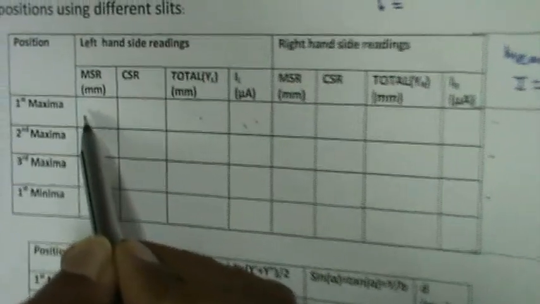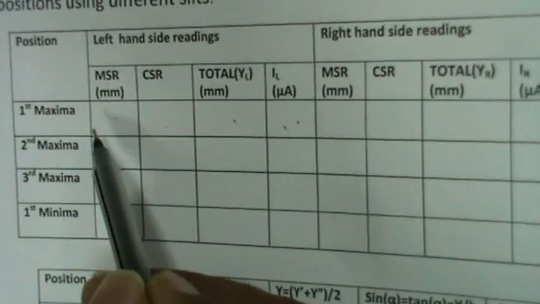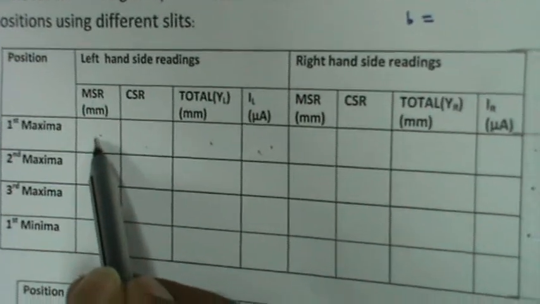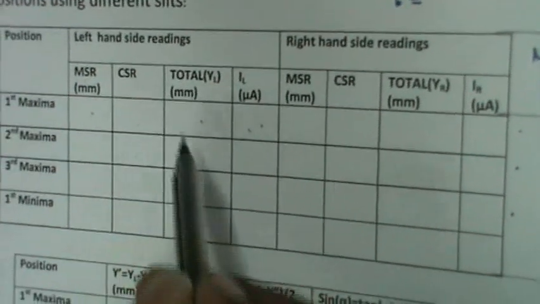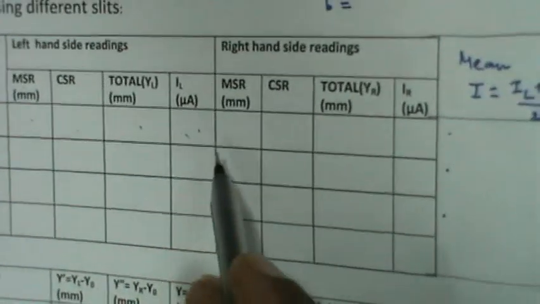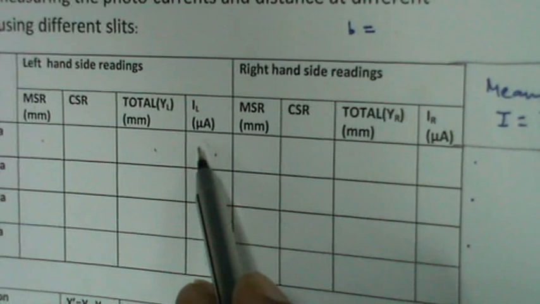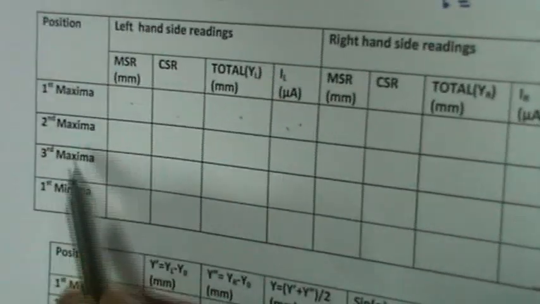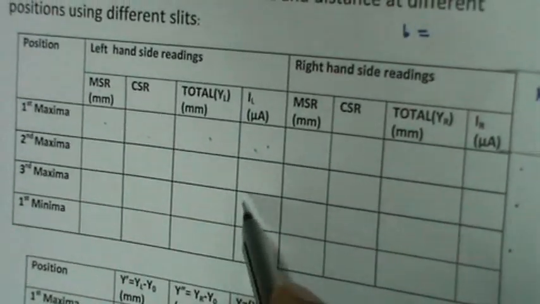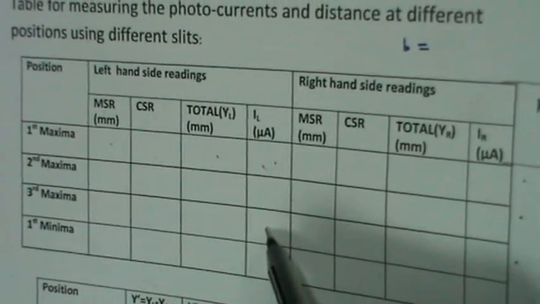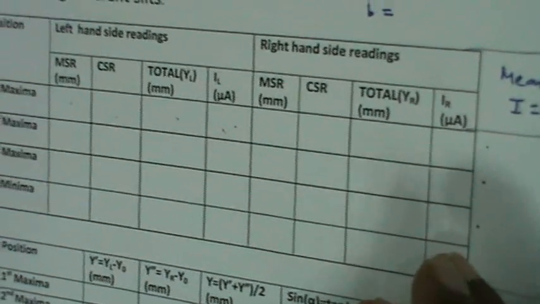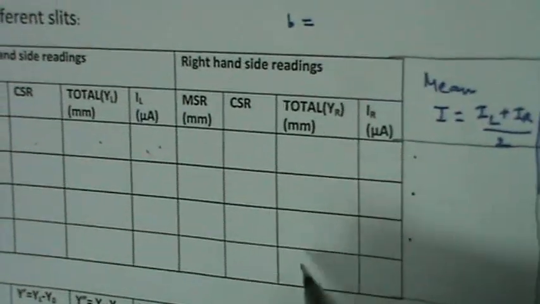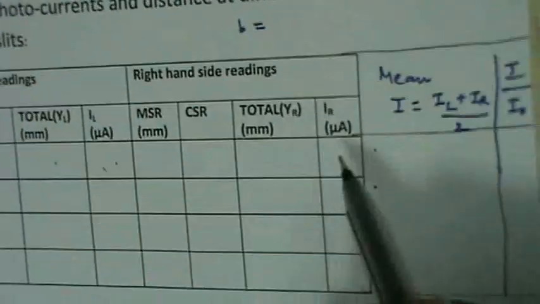So you just note down what exactly is the main scale reading in this micrometer screw, and then the CSR, you note it down, and the total you can calculate. The current corresponding to first maxima, second secondary maximum, third secondary maximum can be noted down. Similarly, on the right hand side, when you go from one side to the other side, the corresponding readings can be noted down.